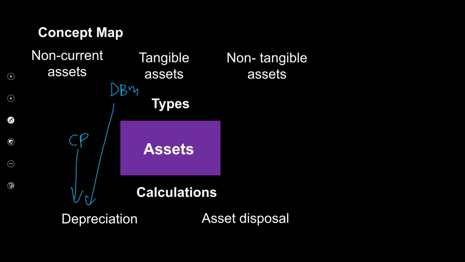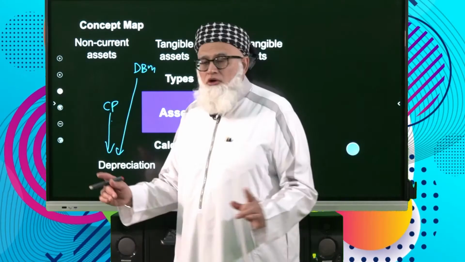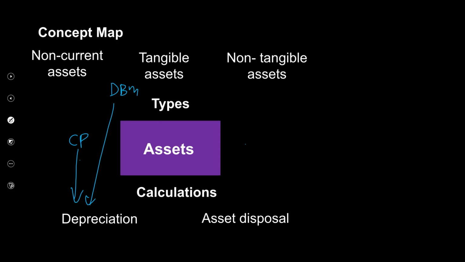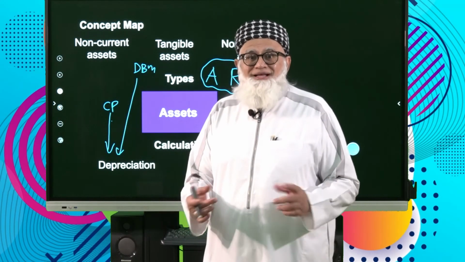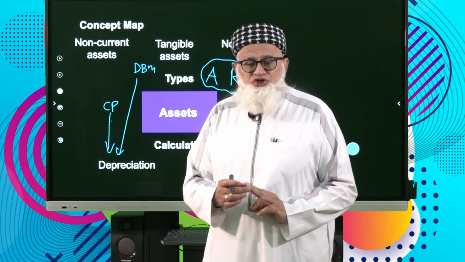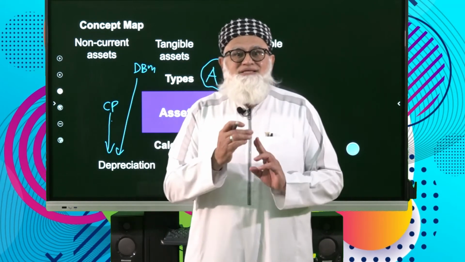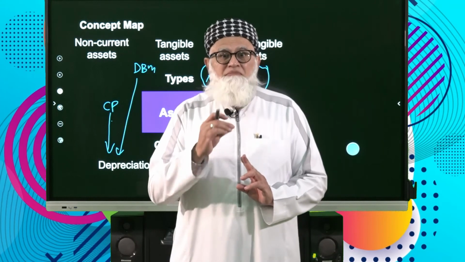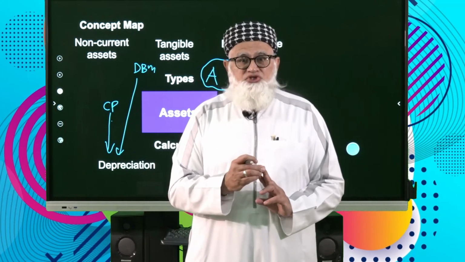Most important, no matter which method you are using, we always use ART. What do we mean by ART? By ART we mean the amount of the calculation, the rate of depreciation, and thirdly, the time component. How many months are we calculating the depreciation for?